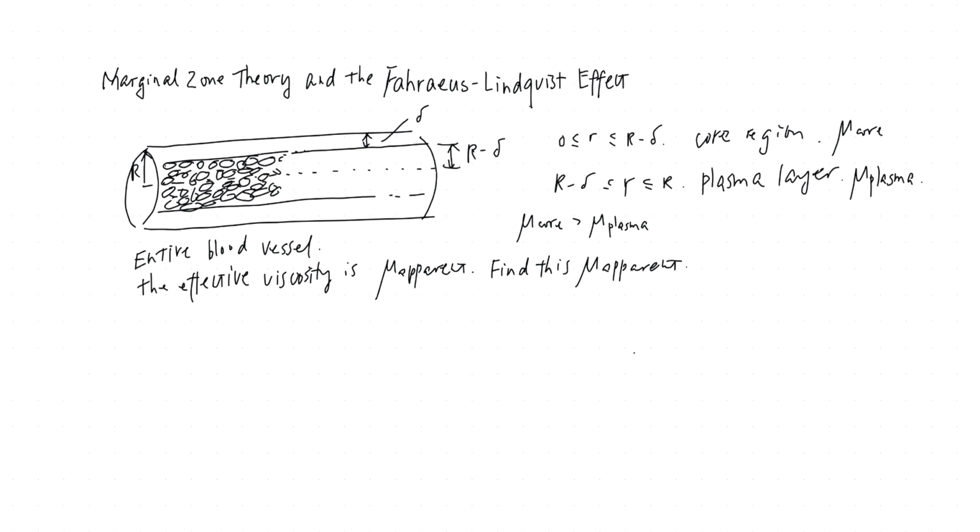And what is the Fahraeus-Lindqvist effect? It says that as the blood vessel decreases in diameter, the apparent viscosity actually decreases.